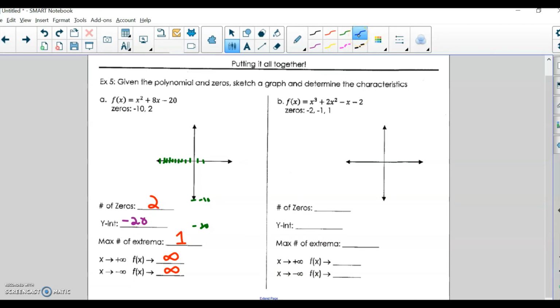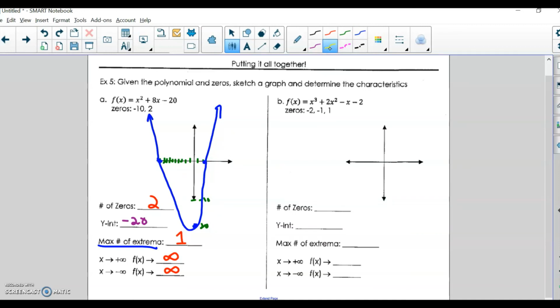So we're going to say that it crosses at -10, +2, and -20. This only has one term. So when the right-hand side is going up, the left-hand side is going up, it's going to come down, turn somewhere around this 20, and get back up. So that's what example A looks like.